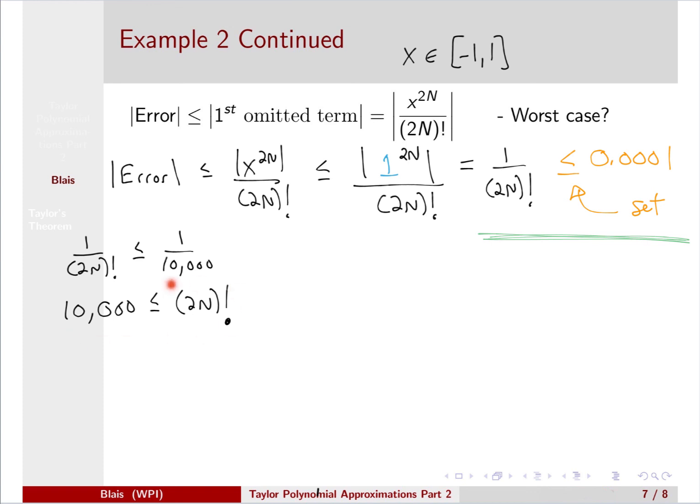What we now want to do is find, remember the goal here is to find the first term to omit from the Maclaurin series for cosine of x. So let's find the smallest n such that this inequality is satisfied.